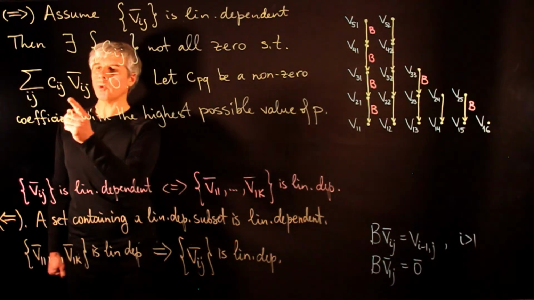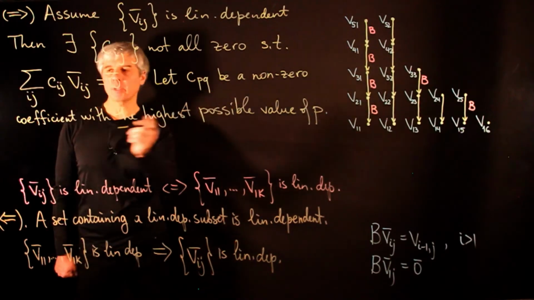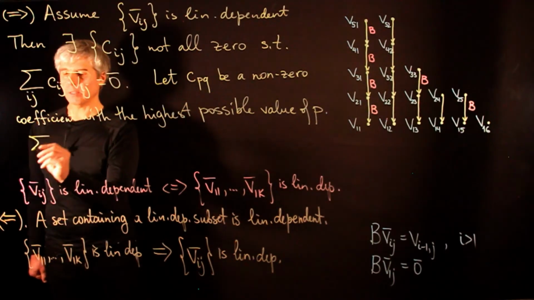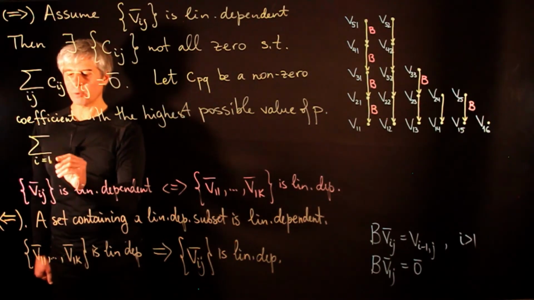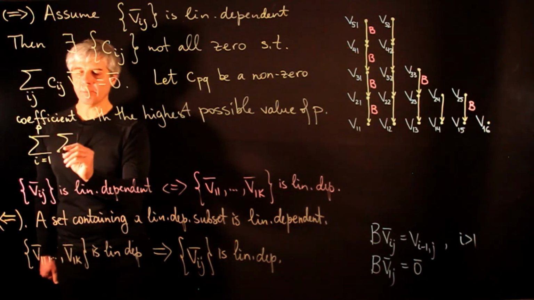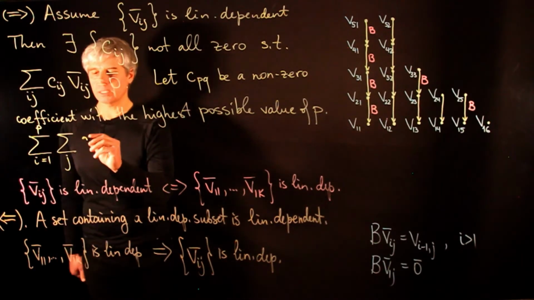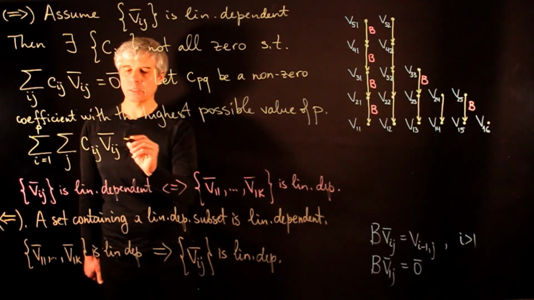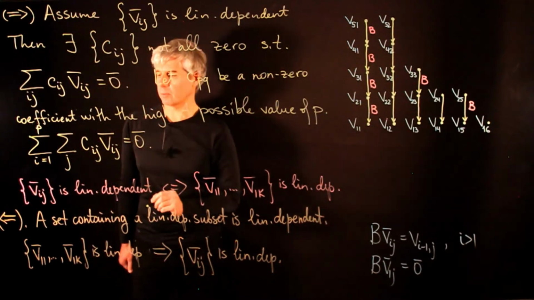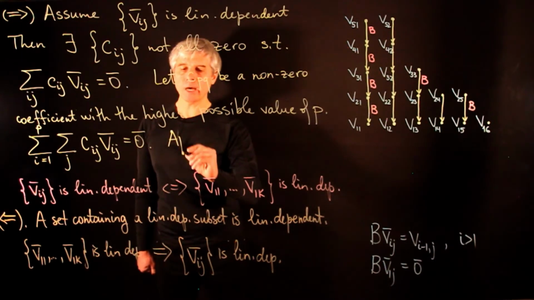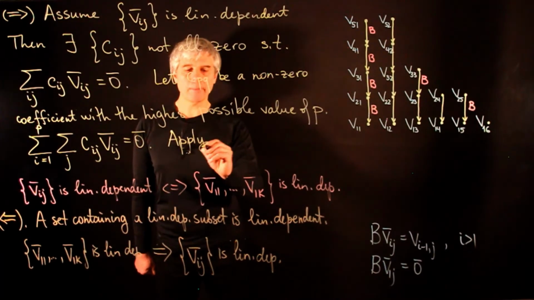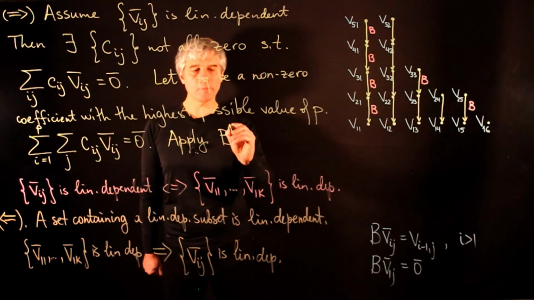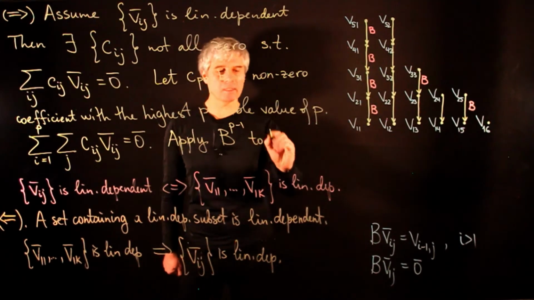Then we can drop all the terms with i greater than p from the sum, and we get that the sum, i goes from 1 to p, the sum over j, Cij times Vij, is equal to a zero vector. Next, we apply operator B to the power of p minus 1 to both sides.